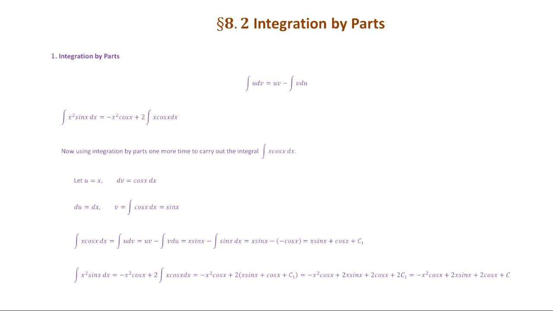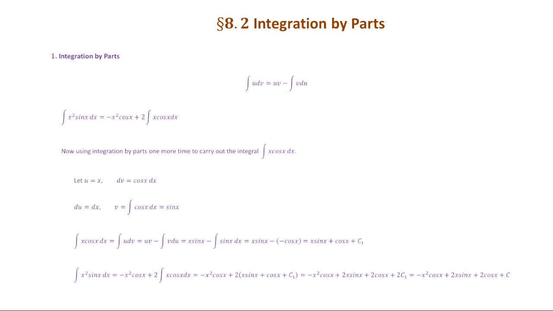Distribute the 2, and you get negative x squared cosine x plus 2x sine x plus 2 cosine x plus 2c1. You can rewrite the 2c1 as c, that's just the arbitrary constant. So the final answer would be negative x squared cosine x plus 2x sine x plus 2 cosine x plus c.